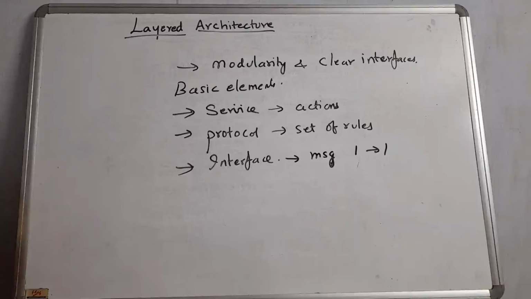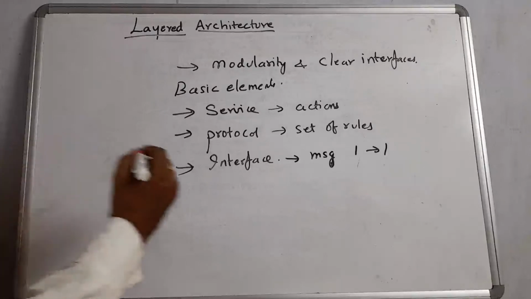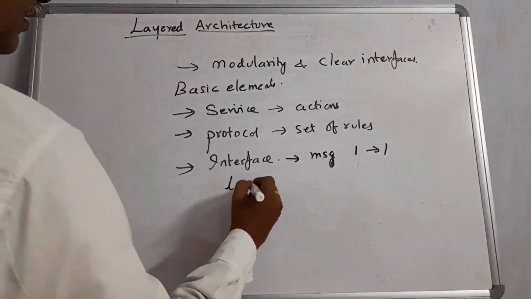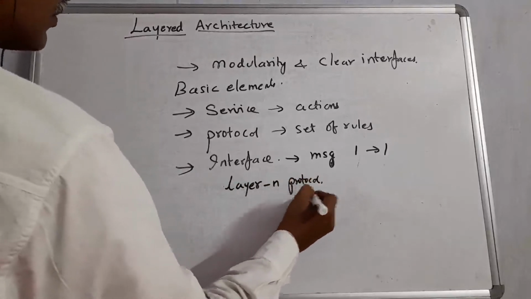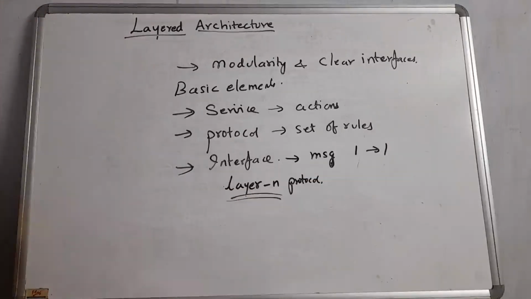Suppose in a layer n architecture, layer n on one machine communicates with layer n on another machine, and the rules used in the conversation are known as the layer n protocol. What do we mean by this?